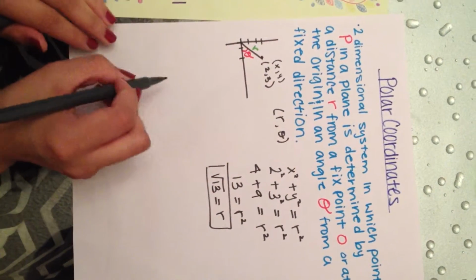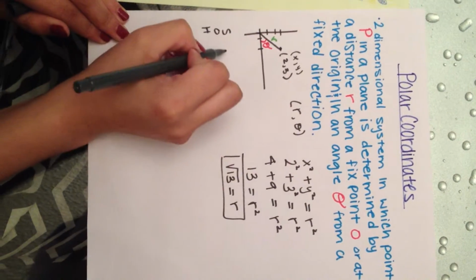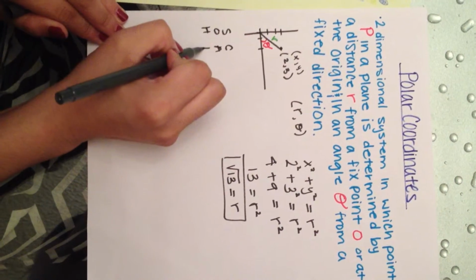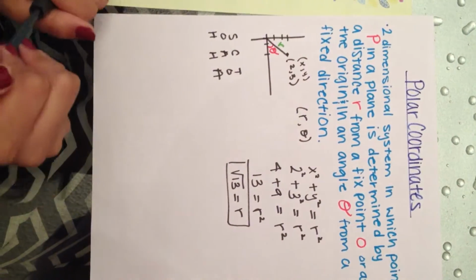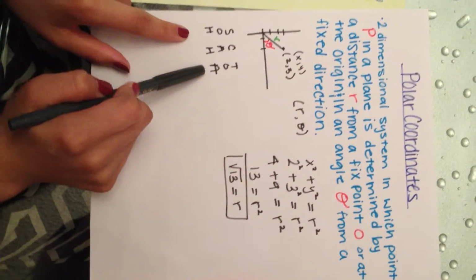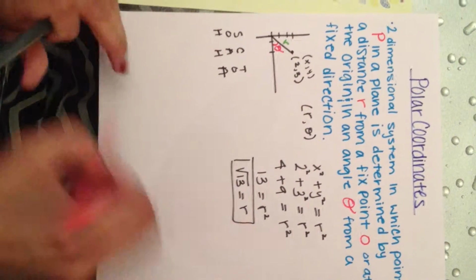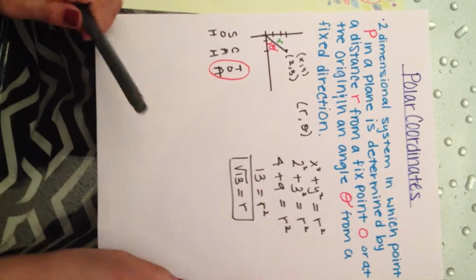To find that, we do SOHCAHTOA again. We need to see which one we have to use. Obviously, we're going to use this one, TOA, which is opposite over adjacent.